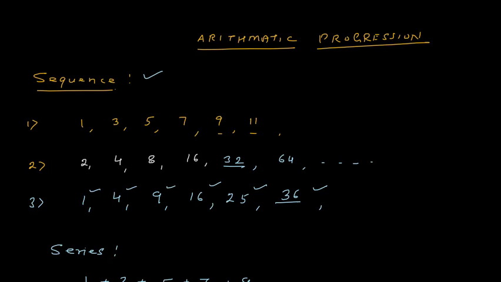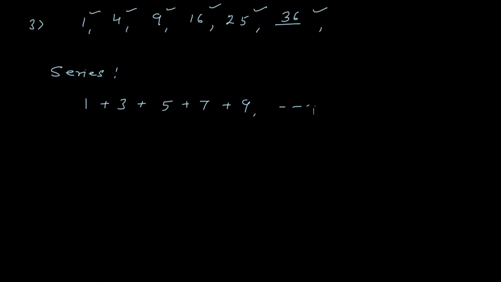Now the next term which you should understand is arithmetic progression. What is arithmetic progression? A sequence is said to be an arithmetic progression if the difference between two consecutive numbers is constant. Or you can say that the next number you obtain by adding a fixed number to the given number.